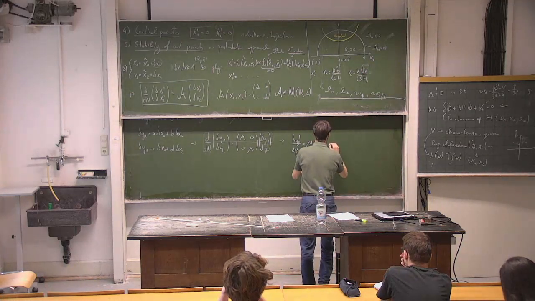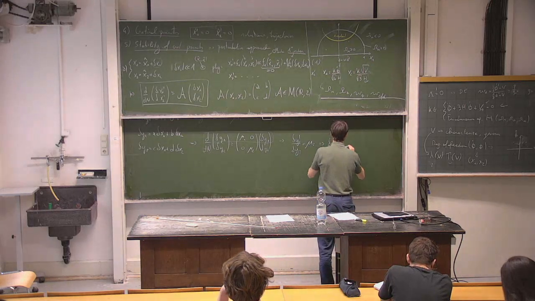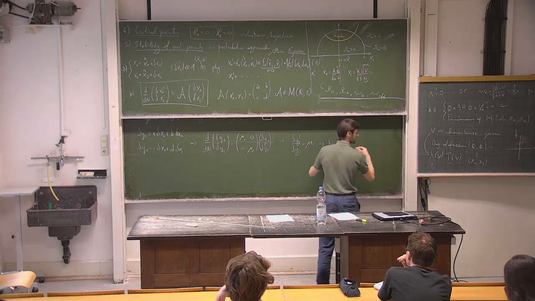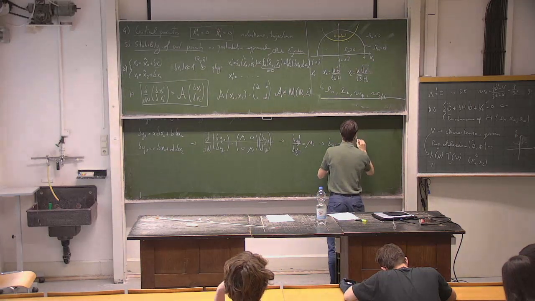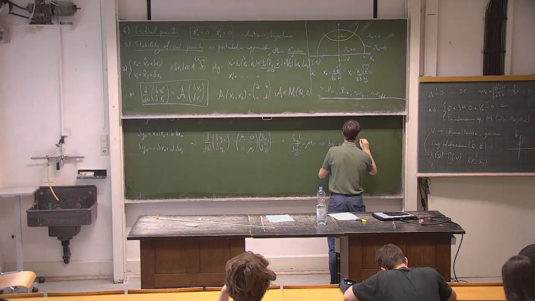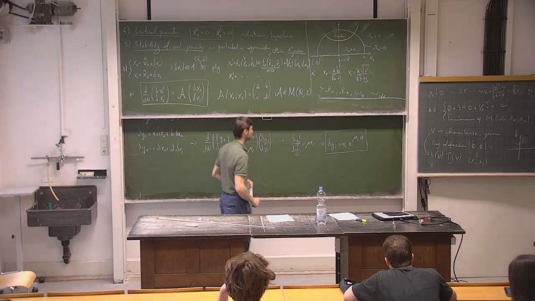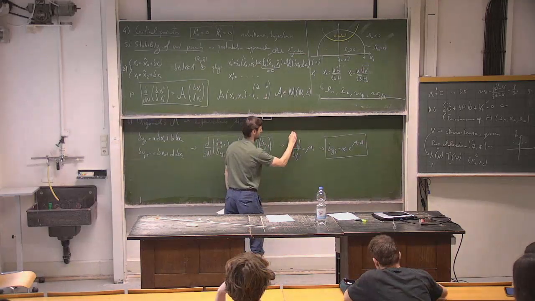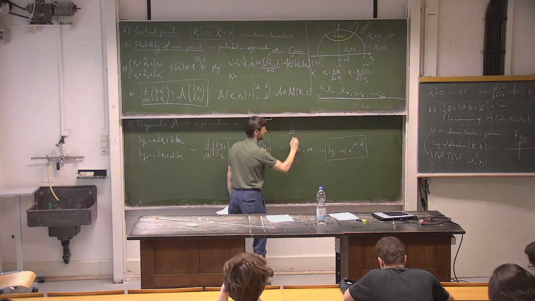For your exponential, your solution is going to be y equal to some coefficient, let's say the normalization that is set by the initial conditions, times e to the mu n. Remember that this guy is dy over dn.